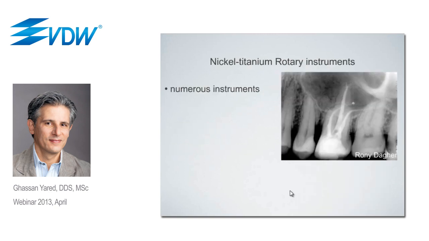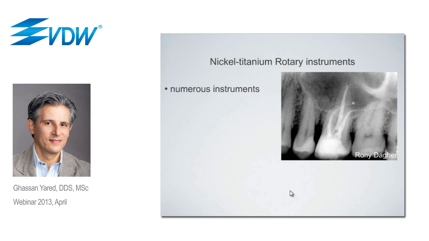And finally, there are the nickel titanium rotary instrumentation techniques. You can see this molar here, this first molar with a severely curved distal buccal canal. This molar was treated by my friend and colleague here in Toronto, Dr. Dagger. For the preparation of the distal canal, he used, in this case, the ProTaper system.